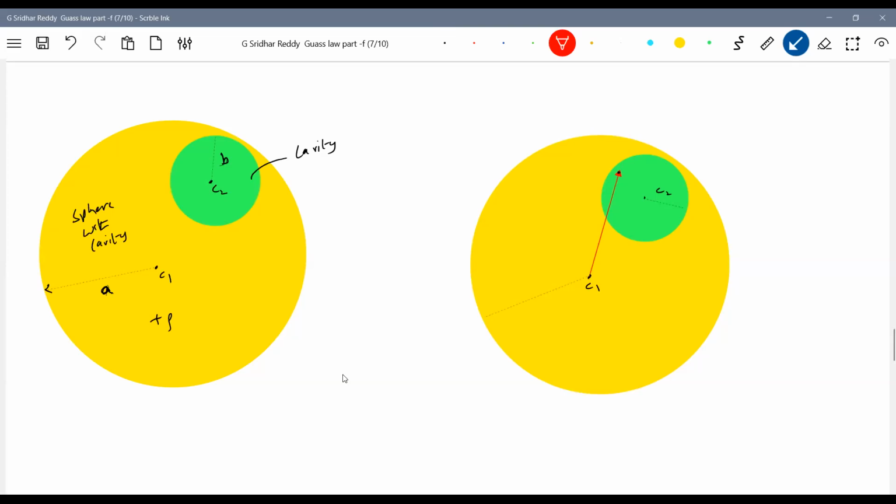As for the negative charge density, I'm going to bring another vector like this. So the resultant vector should be from C1 to C2. I think the problem is solved. Hope you can remember. So this is E1, this is E2, and this is E bar, the resultant vector.